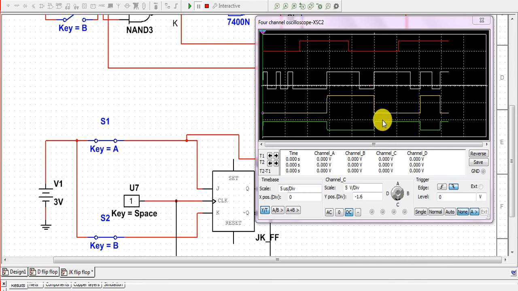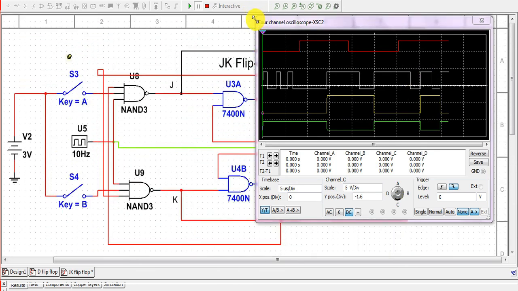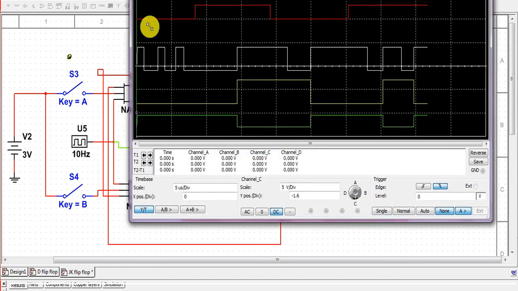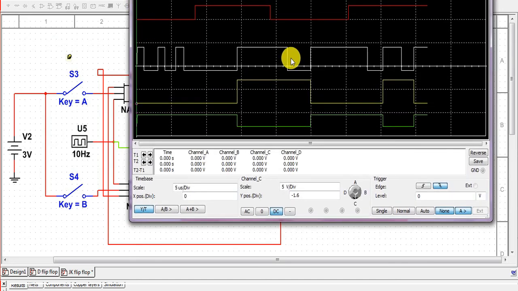Now if both the switches are closed, then on the rising pulse it changes from reset to set state and then from set to reset state. Hence for all the different cases we get an output, and we can't get any undefined case. So this is our simple timing diagram for the JK flip-flop.